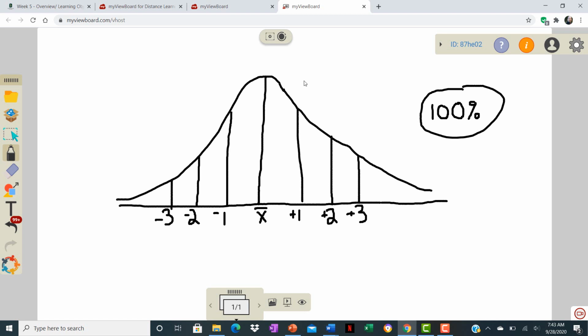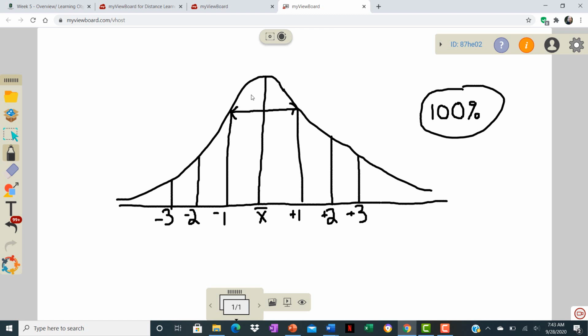But in terms of how things break down overall in the normal distribution itself, from a -1 to a +1, there's a certain percentage of this 100%, and that percentage is never going to change.